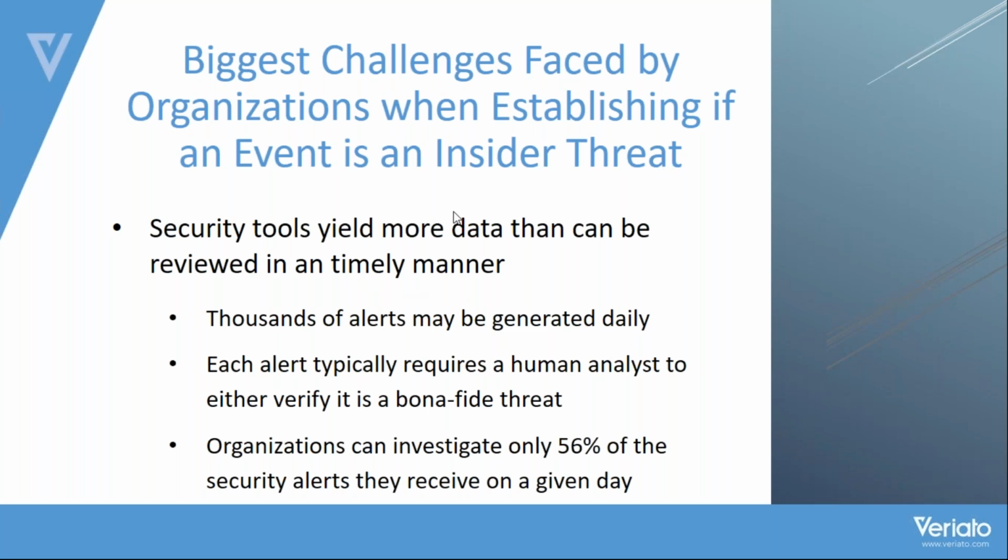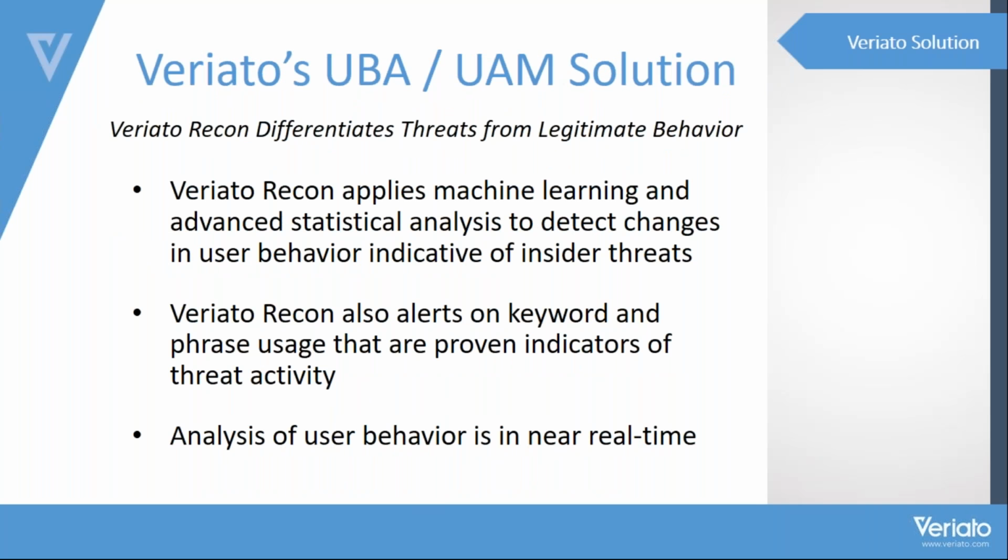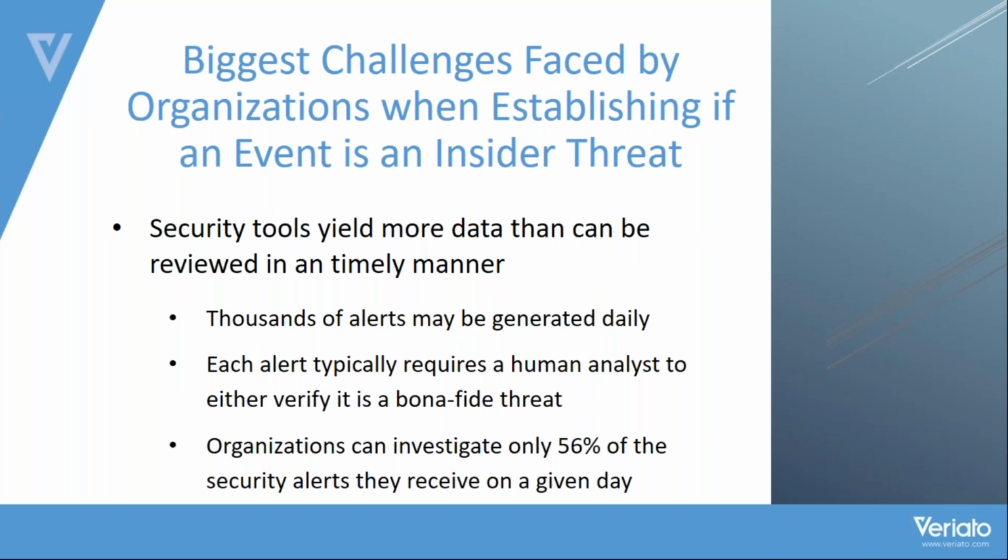So I'm going to get through this quickly because we lost a couple of minutes there. As I was saying, I don't know where you lost me, if you saw what I talked about regarding users' roles and responsibilities, but I'm going to jump here. There's more data than we can deal with. I told you there are thousands of alerts. In an organization, I can only investigate 50%, maybe 56% of those, and it takes a human to do that, which means it takes a lot of time and ability.